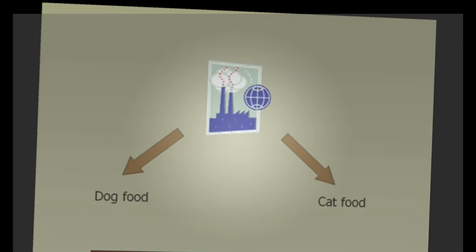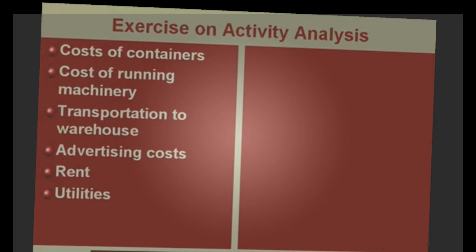Now, consider these activities. For each activity you see in front of you, tell me if it's unit level, batch level, product level, or facility level.